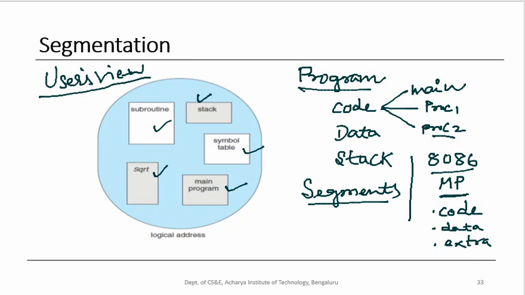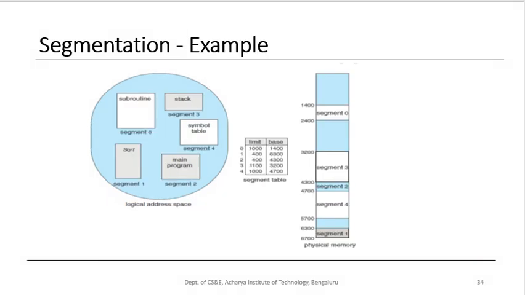Let us take an example and see the concept of segmentation. Look at this example. In the previous slide I had shown the segments of this process. There are 5 segments and each segment is numbered: 0, 1, 2, 3 and 4.